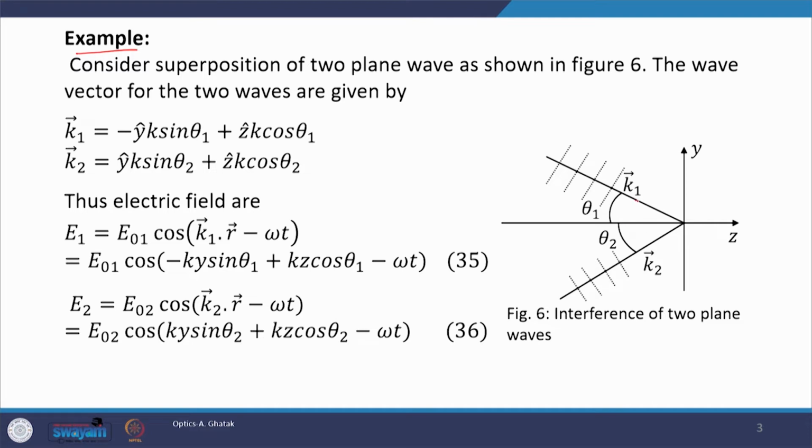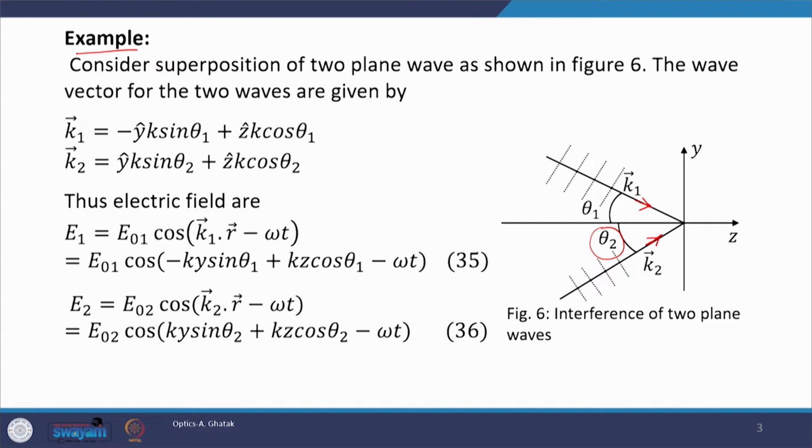This k1 represents the wave vector of first wave and k2 represents the wave vector of the second wave, and k1 is inclined at angle theta 1 with respect to the horizontal axis, which is z axis in our case, and k2 is inclined at angle theta 2 with respect to the horizontal axis. Now, let us figure out the expression for wave vector k1 and wave vector k2.